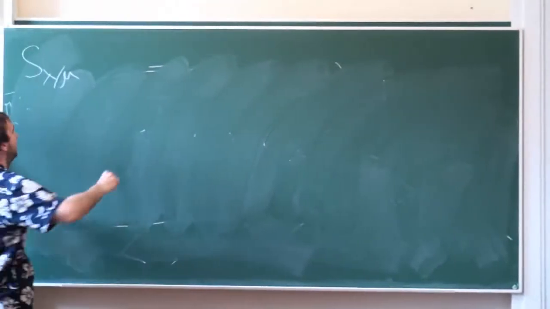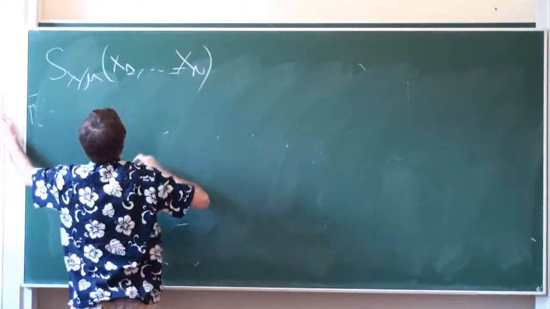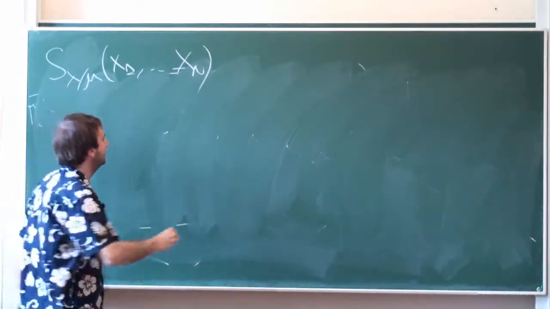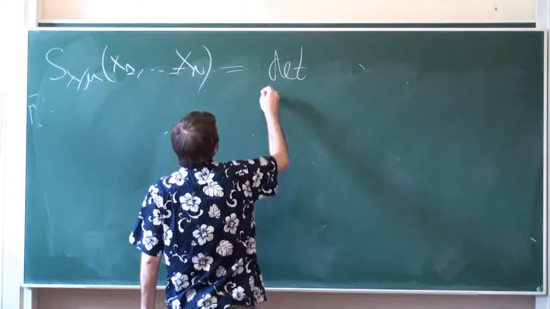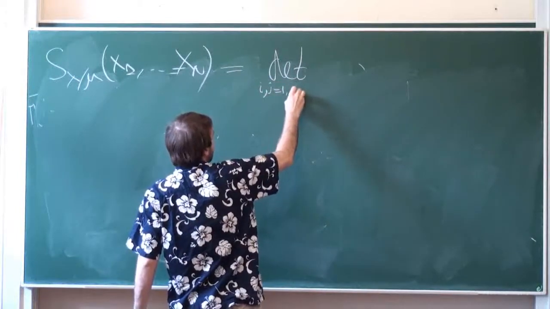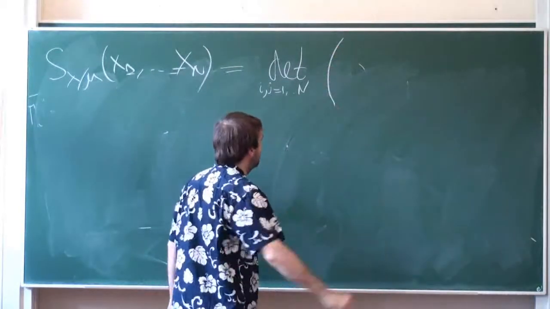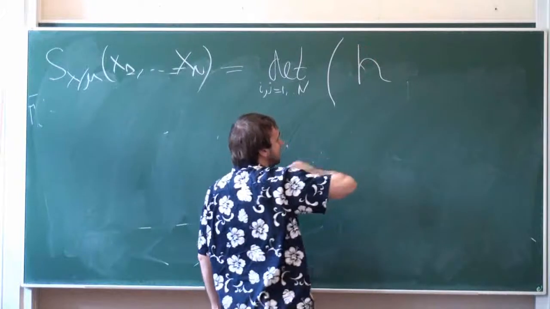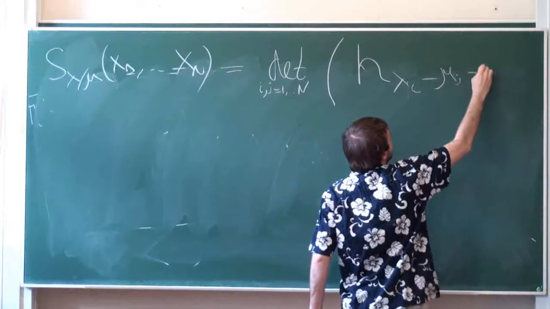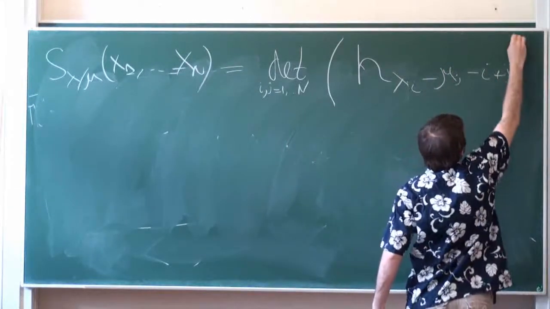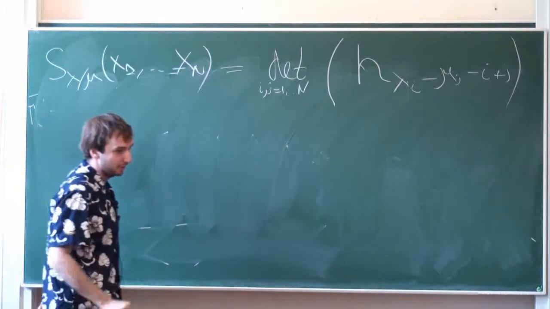First start from finitely many variables. So evaluated in finitely many variables, this skew Schur function is equal to the determinant of size n by n of the following matrix. This is a matrix composed of complete homogeneous symmetric functions: h of lambda i minus mu j minus i plus j. This is our theorem.